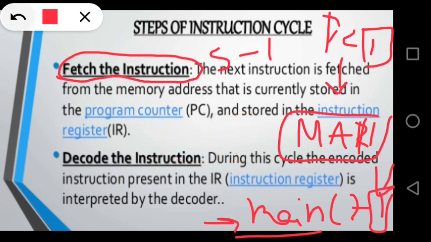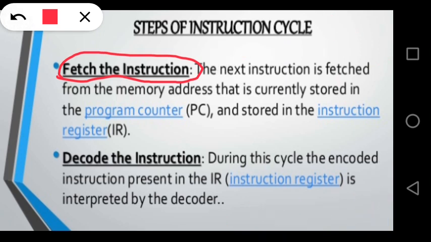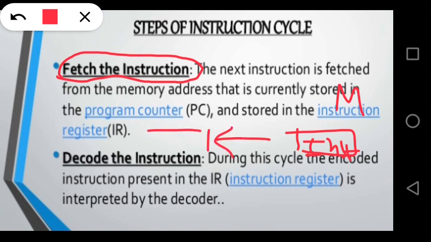So fetch means ultimately what's happening: the instruction that is present in the memory is transferred to IR, a special type of register called instruction register. This whole process is called fetch the instruction.